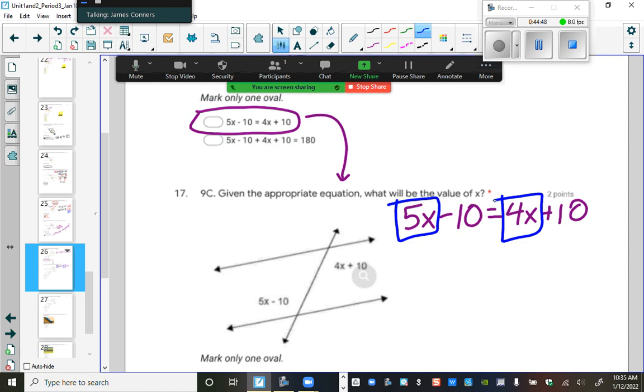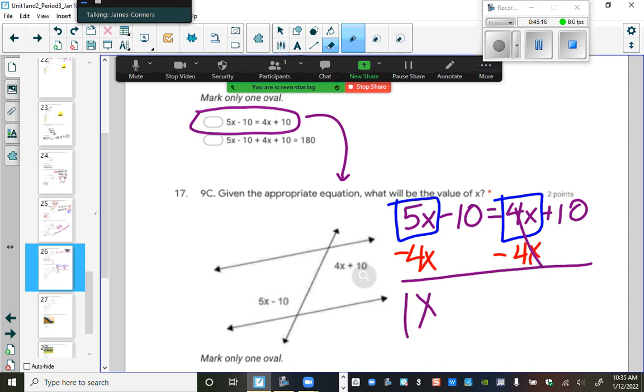I'd like to have a lot of us in this first step here. 5x minus 4x is, well, how many x's would be left? We start with 5, but we take away 4. How many are left? 1. Just 1. 1x. Don't have the 1, no worries.